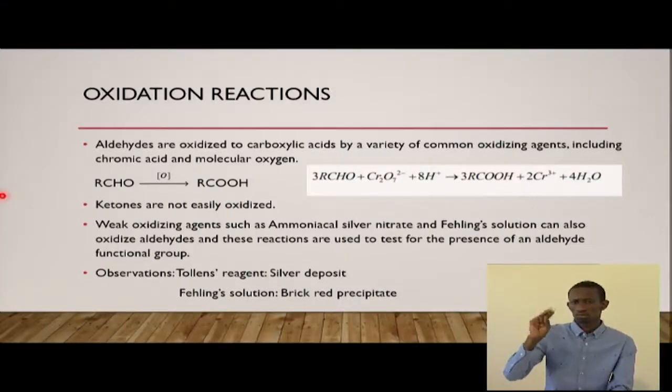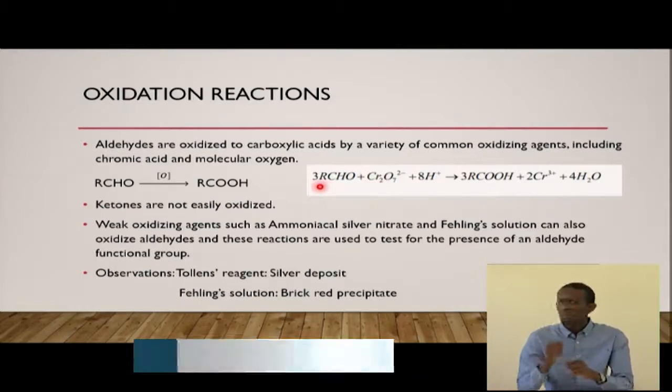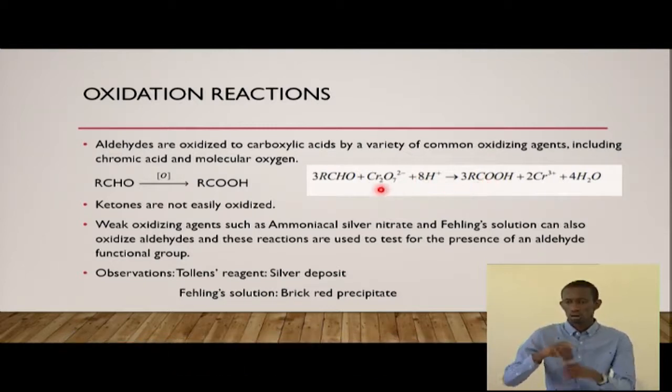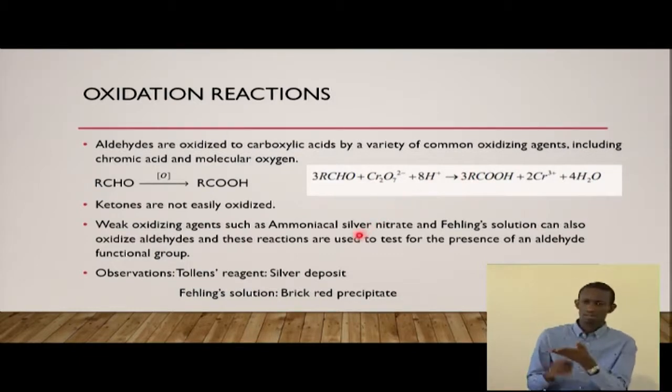For the oxidation reactions, we can use the common strong oxidizing agent. You see the equation here. An aldehyde can react with potassium dichromate in acidic medium to produce an acid. The color changes from orange to green. We will see that when we carry out the practical.